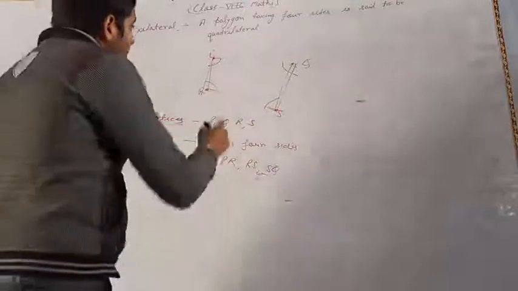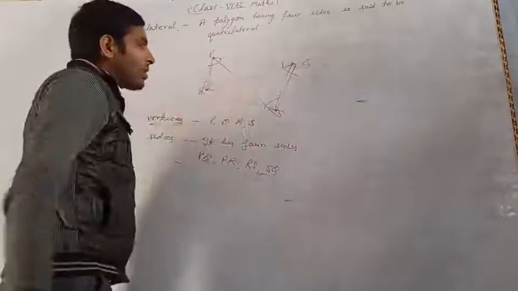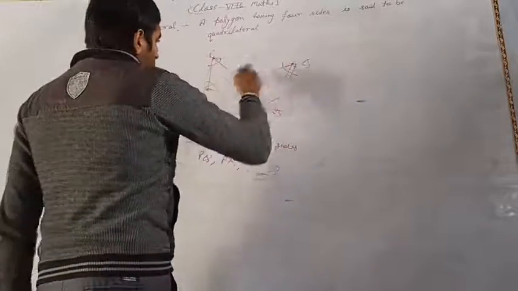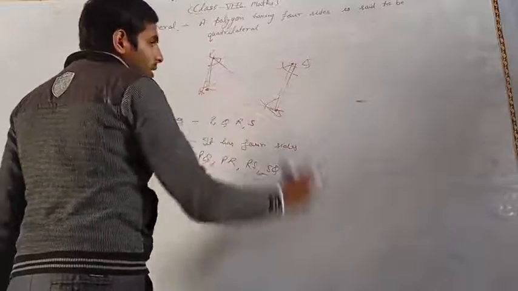And two diagonals here. If we draw this, it is called a diagonal. Here diagonal PS and here QR.